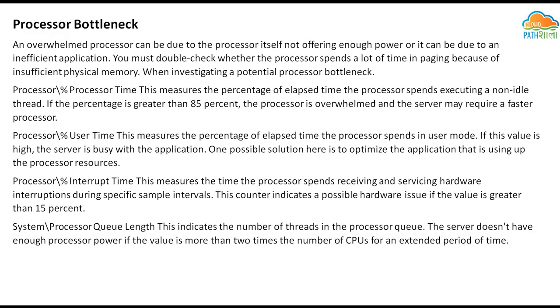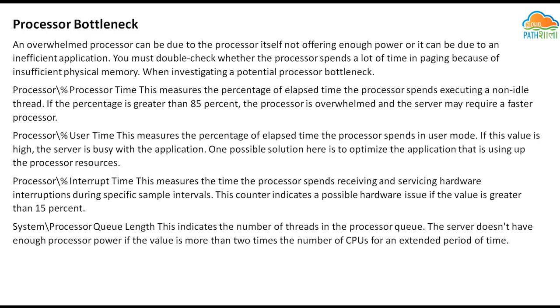The same kind of other counters you can set are Processor User Time and Processor Interrupt Time. The user time counter measures the percentage of elapsed time that the processor spends in user mode. If you see this value high in the graphs, the server is busy with the applications.